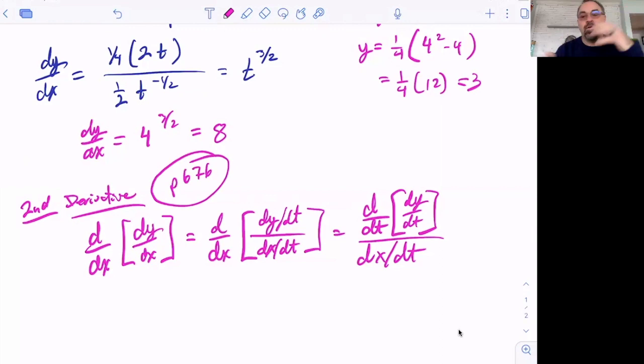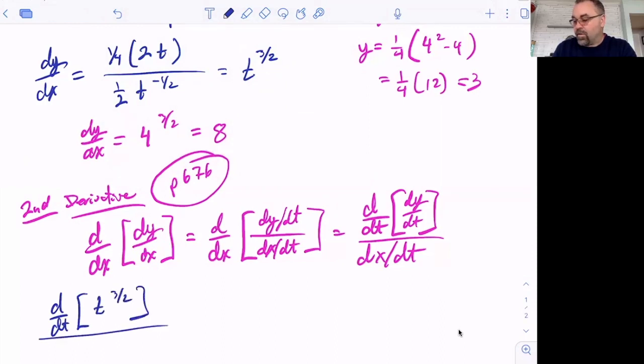So when I go to find the concavity of this graph, what am I going to do? I'm going to take the derivative with respect to t of dy dt, which is t to the 3/2, over the derivative of x with respect to t.